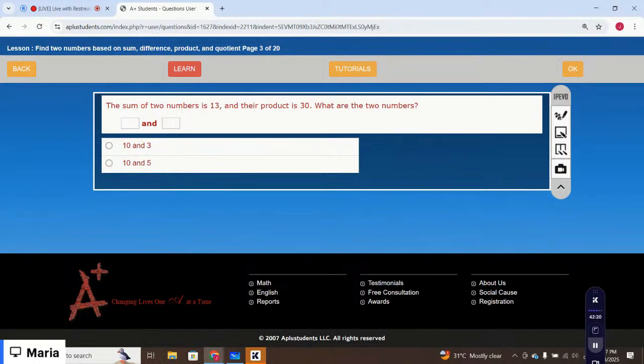The sum of the two numbers is 13 and their product is 30. What are the two numbers?